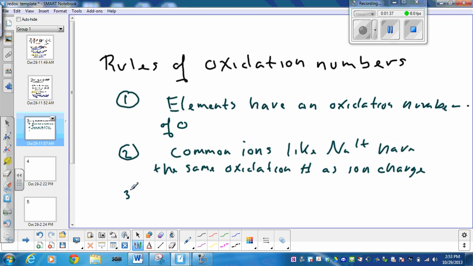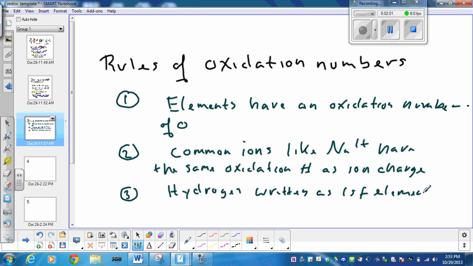The third thing that we find out is that there are some very predictable elements. So hydrogen, when written as the first element in a compound, which is what it usually is.